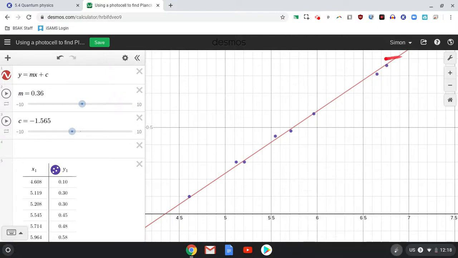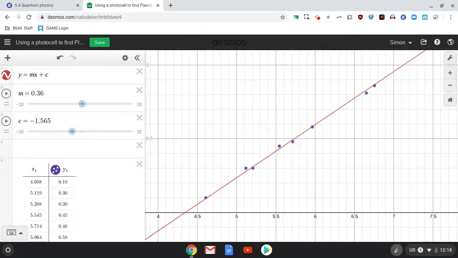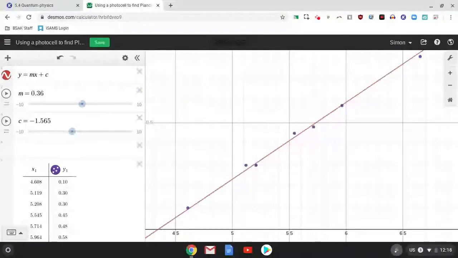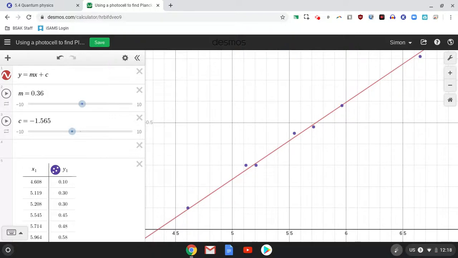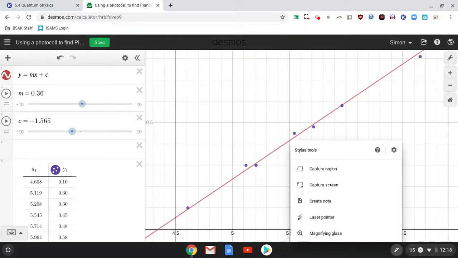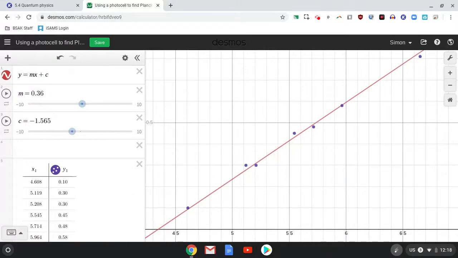It's really important that the points are spread out over the whole of the graph paper, and then you can zoom in and out at will so you've got the scale perfect. We've got our line of best fit, and we've then got a value of both gradient and y-intercept.